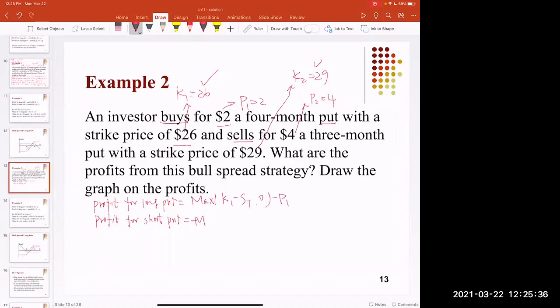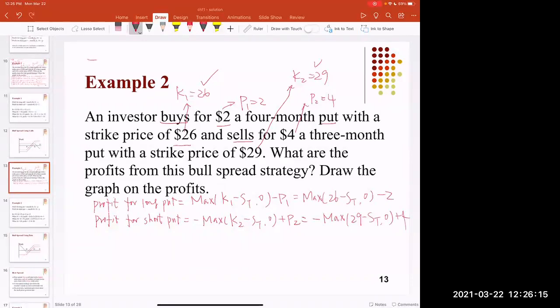And if it's short position, make sure it's negative: maximum of K2 minus ST and 0 plus P2. K1 is 26 and P1 is $2. For the short position, K2 is 29 and P2 is $4.